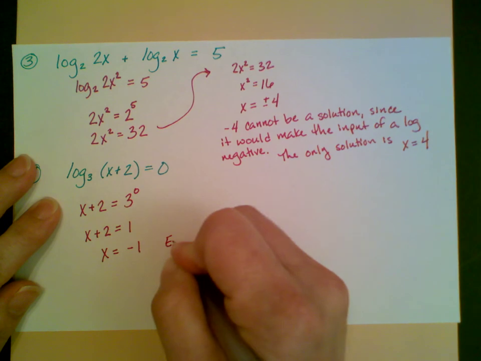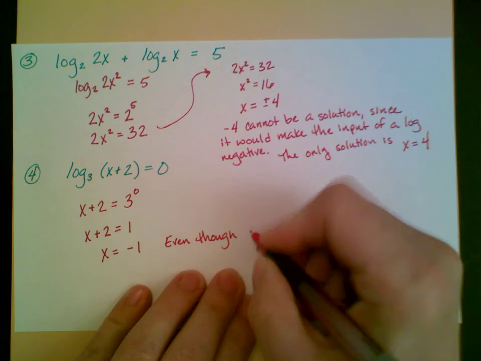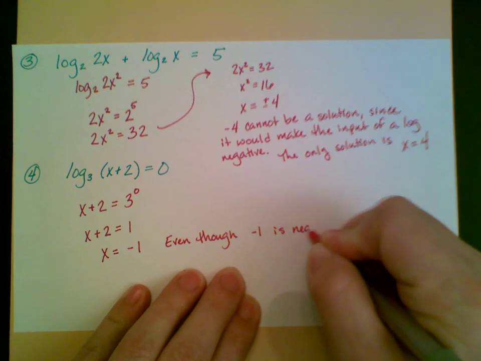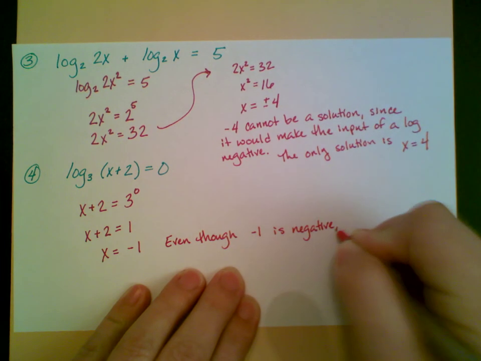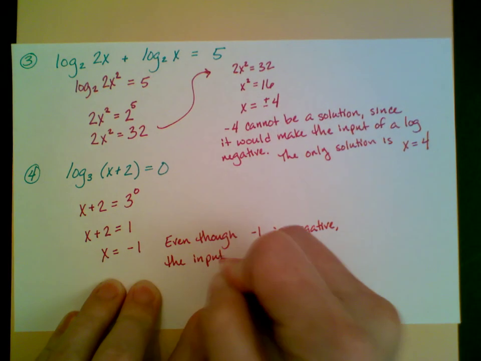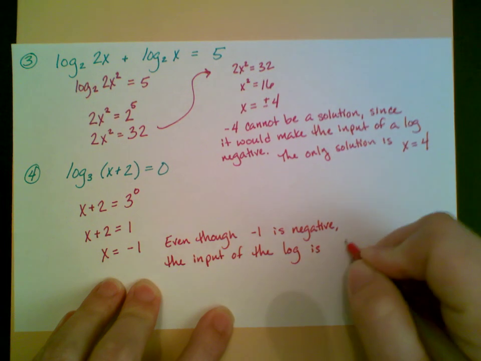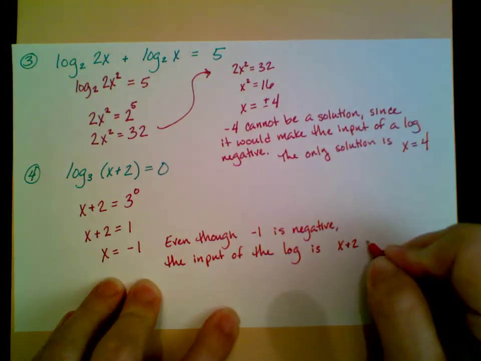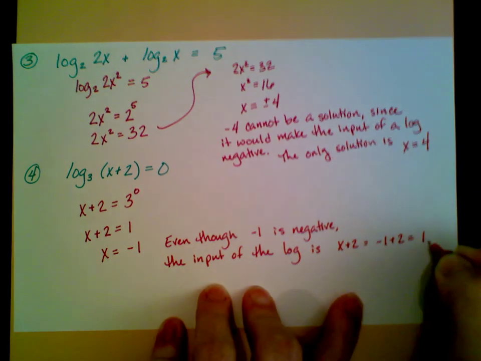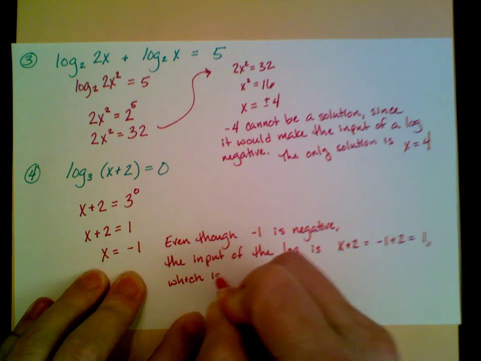Let's make a note of that, even though negative 1 is negative, the input of the log is x plus 2, which is negative 1 plus 2, which is positive 1, which is positive.